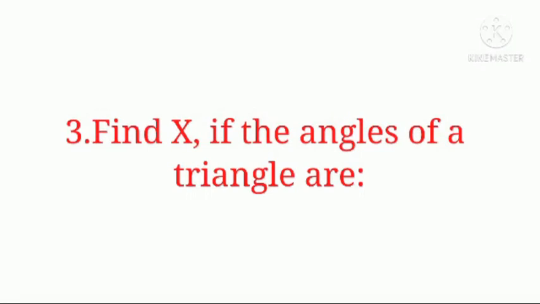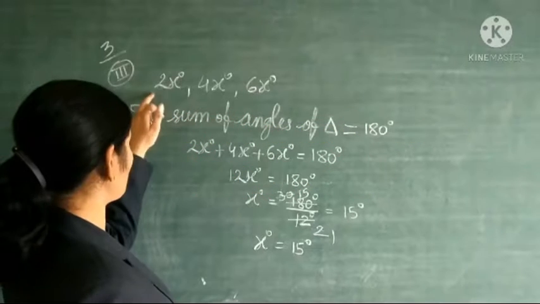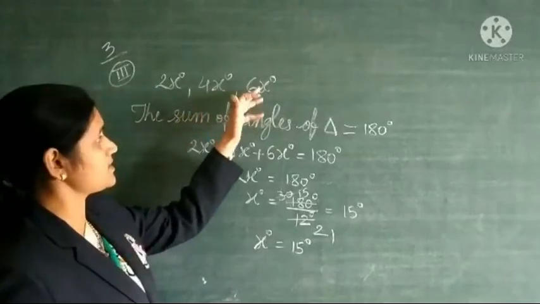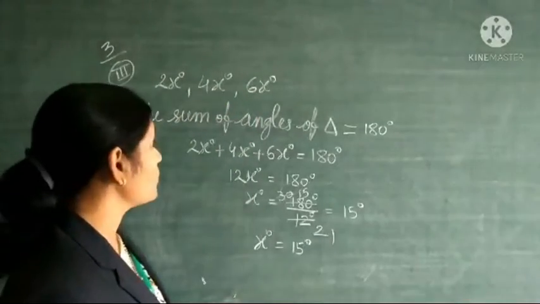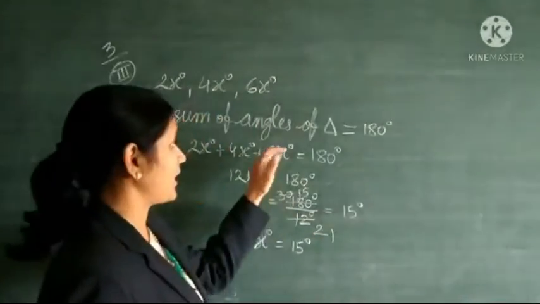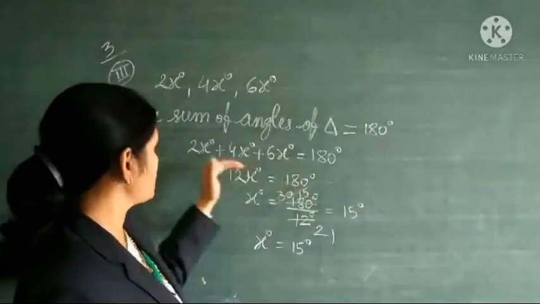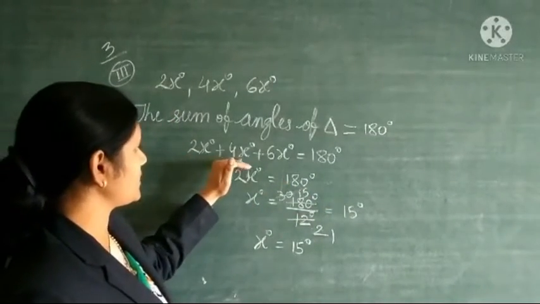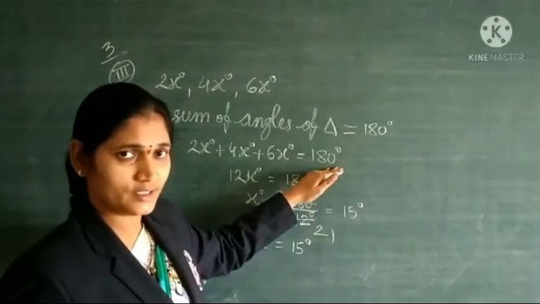Let's see question number 3. Find x if the angles of a triangle are given. Students, in this we have to find the value of x. Given angles are 2x degrees, 4x degrees and 6x degrees. As we know the sum of the angles of a triangle is 180 degrees, so 2x plus 4x plus 6x is equal to 180 degrees.